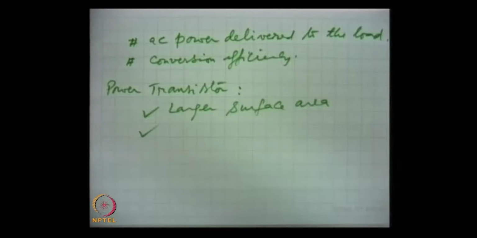So, there are two requirements on the circuit. One is large currents. Power is the product of current and voltage. So, when we say large current, then currents will be quite high. They may be several hundred milliamperes or several amperes. And so, these are possible when we use small resistances in the circuit.